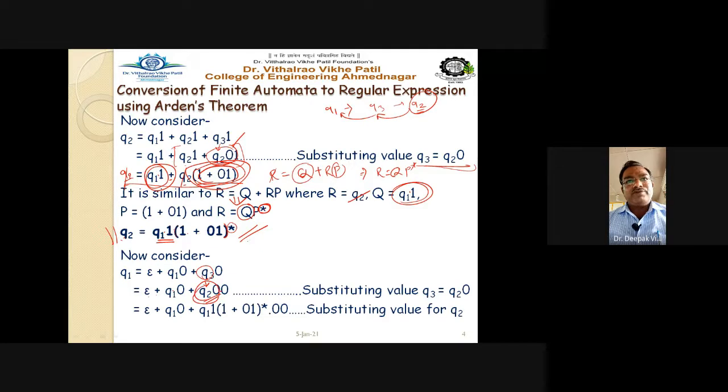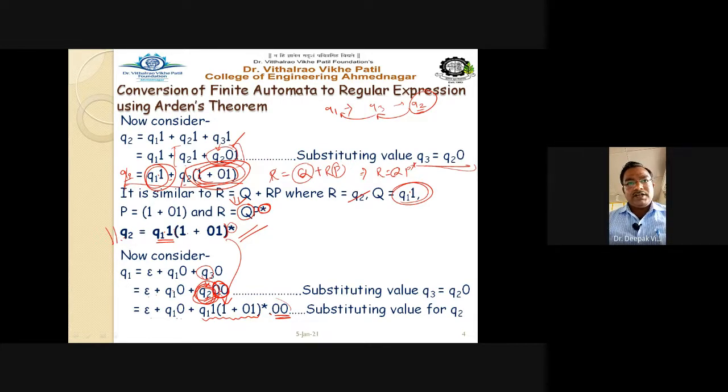Just now we have found this value, put this value here. So here epsilon plus Q1.0 plus the entire value of Q2, which is Q1.1 into bracket 1 plus 0.1 bracket complete raised to star, dot this 0. This double 0 remains as it is. We have to replace only the value of Q2, right?